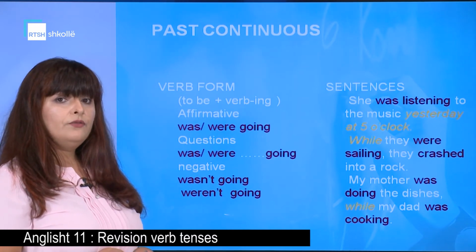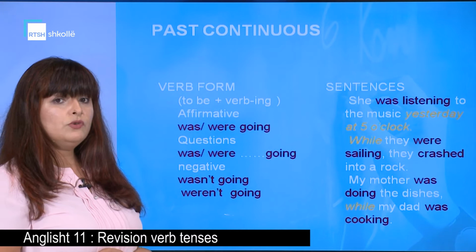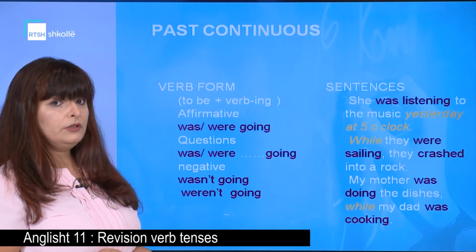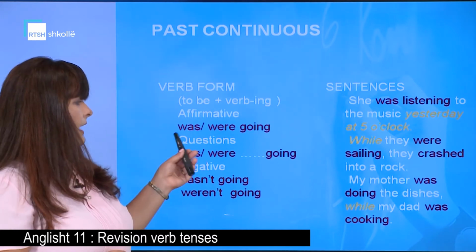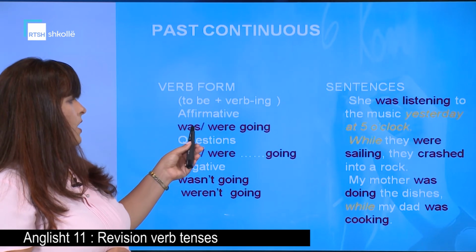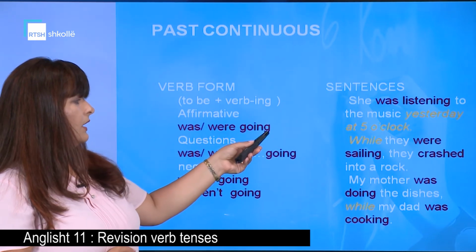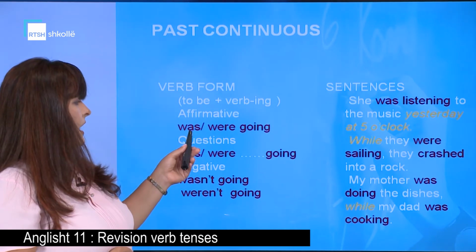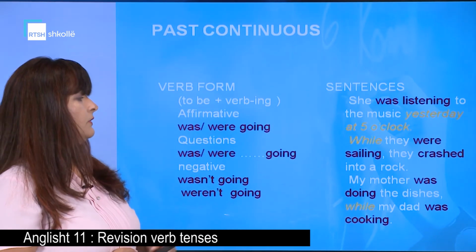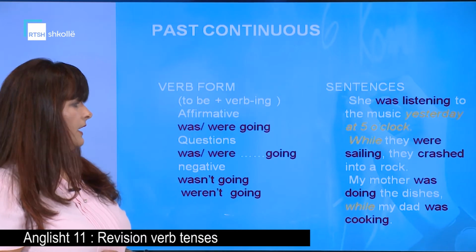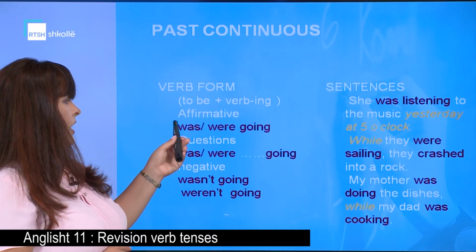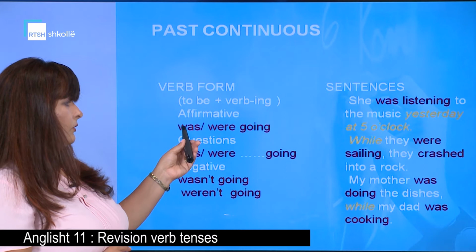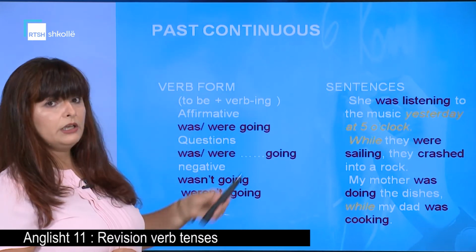Was for singular and were for plural. So we have, I was speaking when you came. They were going to the cinema yesterday at 5 o'clock. So I was speaking, singular; they were going, plural form.